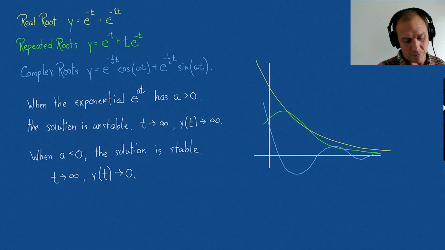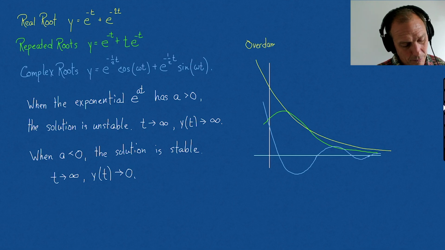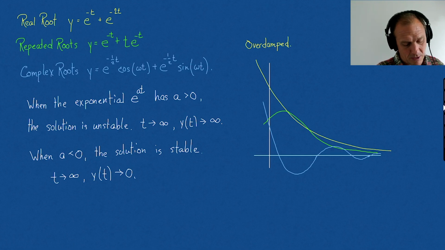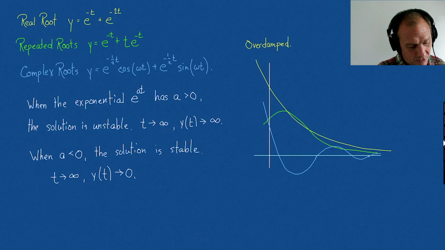So this first one we call overdamped. That might be like driving a race car. The shocks are just super uncomfortably stiff. You feel every little rock on the road. Repeated roots give us this green graph.